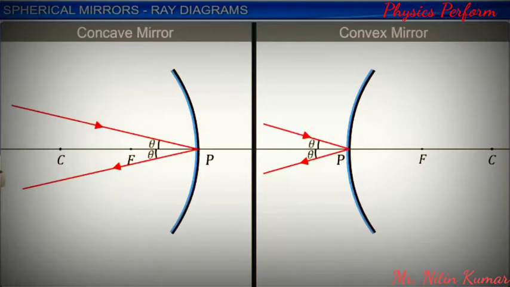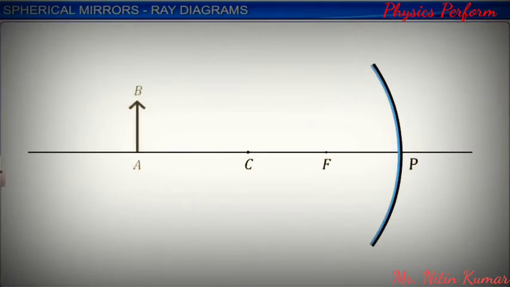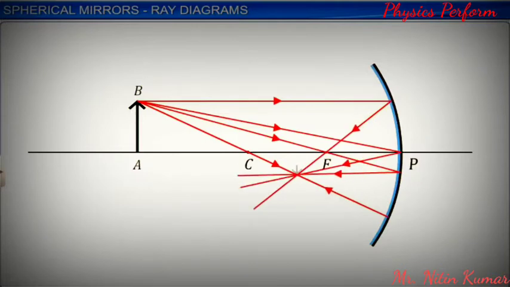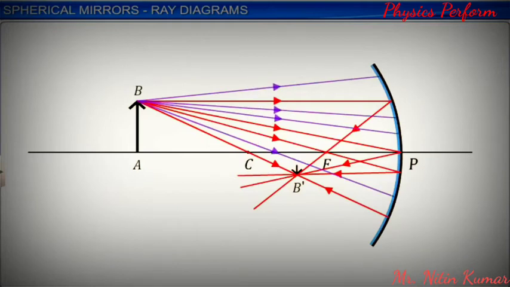Let us place an object AB in front of a concave mirror. Using the rays of light discussed, we can find the image of point B at point B dash. Not only these four rays, any ray that emerges from B and is incident on the mirror, after reflection passes through point B dash.